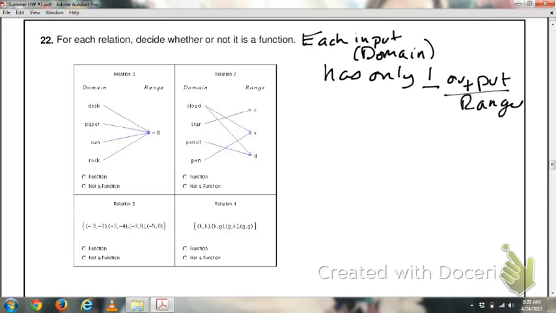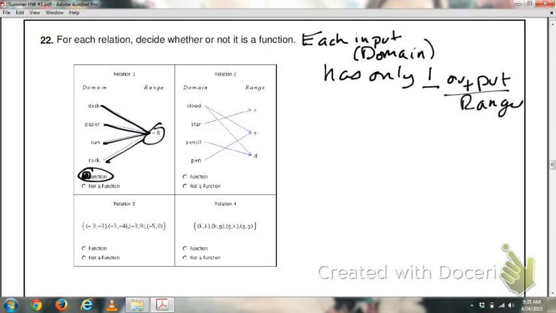So what I'm going to look for in relation 1 here, the desk only has one output. Paper has only one output. Sun and rock, these all have only one output. Granted, it's the same output of -8, but that's okay. This would be a function.